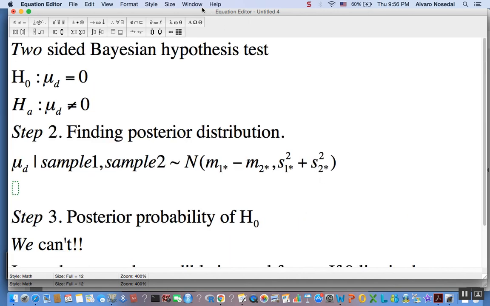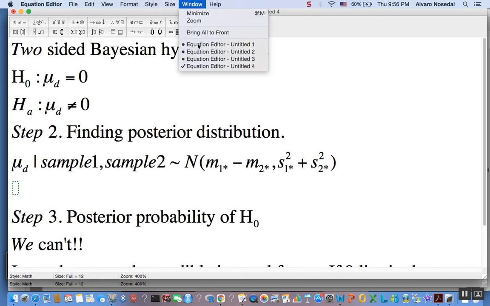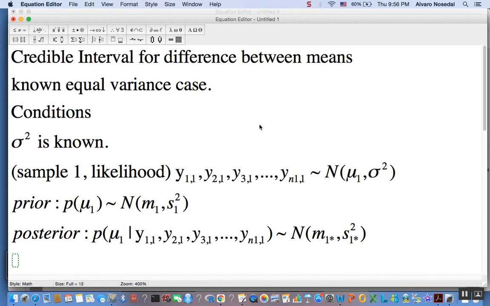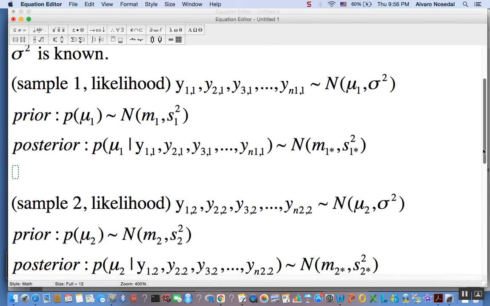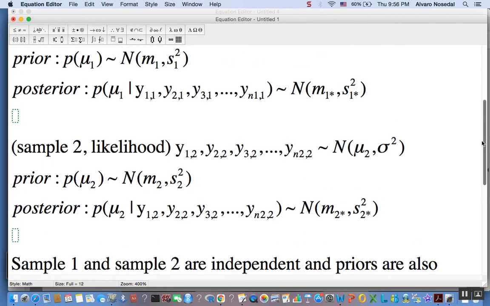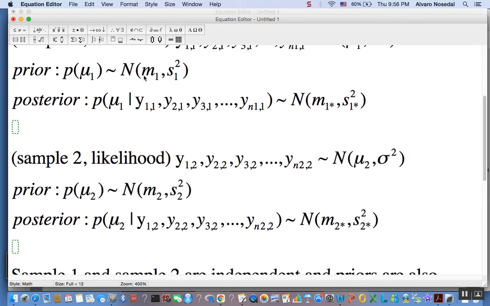So let's summarize what we did here together. We considered two independent samples from normal distributions. The assumption is that sigma squared is known. We considered normal priors.